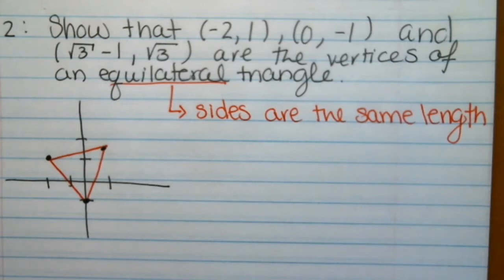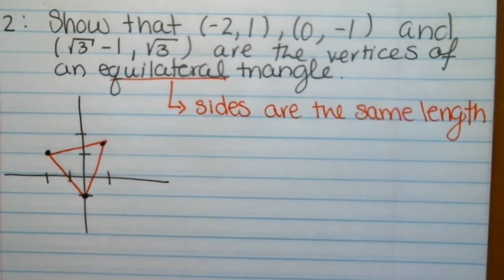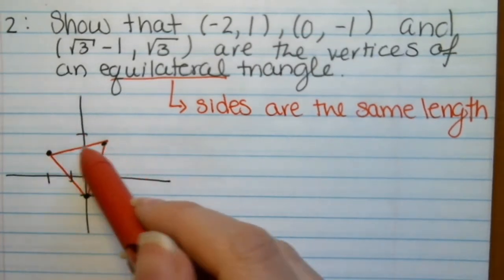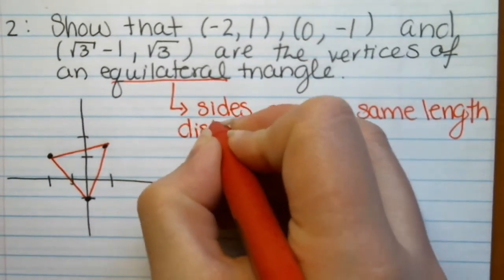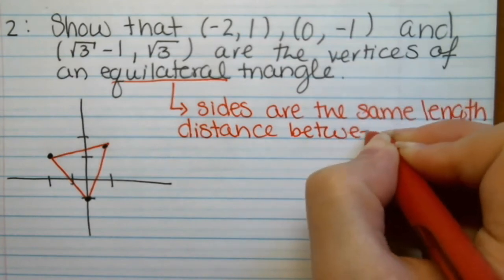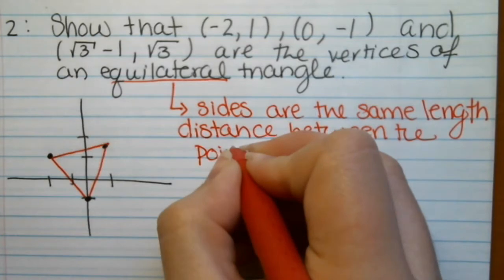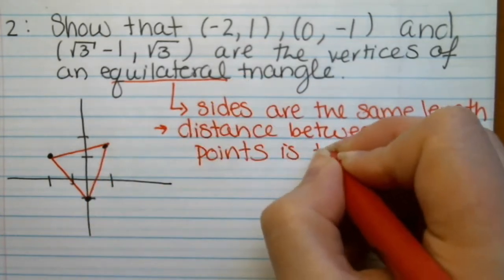What we're being asked to show is that these 3 sides really are the same length. Well, the length of these sides is the distance between the vertices, so the distance between the points is the same.